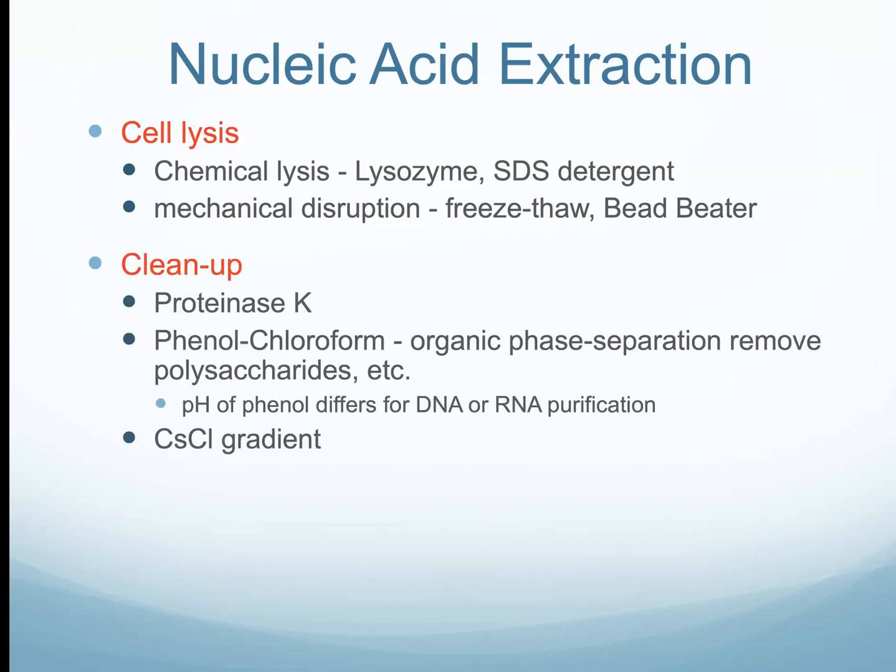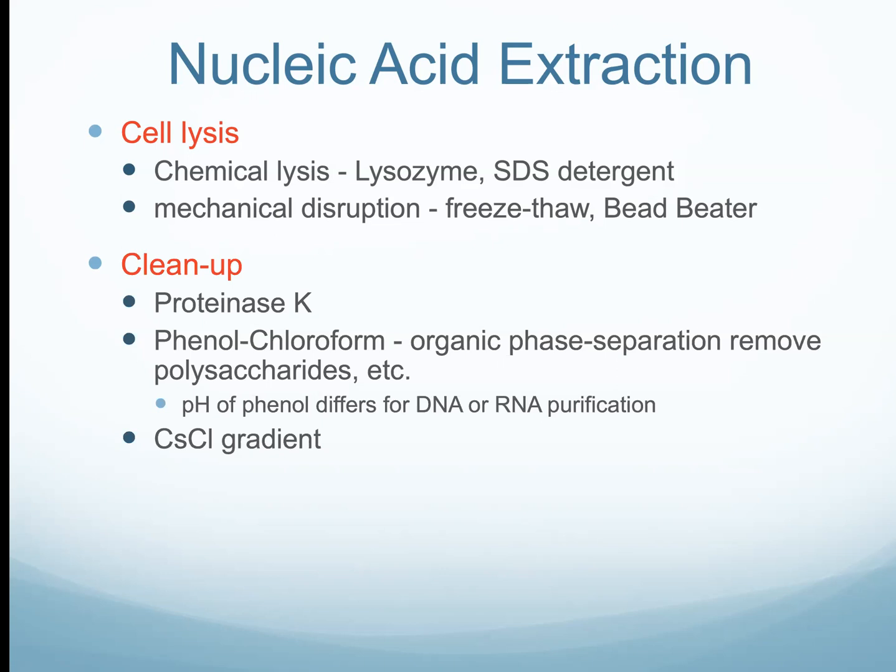After you lyse the cells, you need to clean them up. And this was also described in the Oxenwright paper. You can use something like proteinase K to get rid of those proteins. And then you can do an organic phase separation. Now, in the old days, you used phenol and chloroform, but if you've ever experienced either of them, they are really nasty chemicals. And so these days, we typically don't even do this.